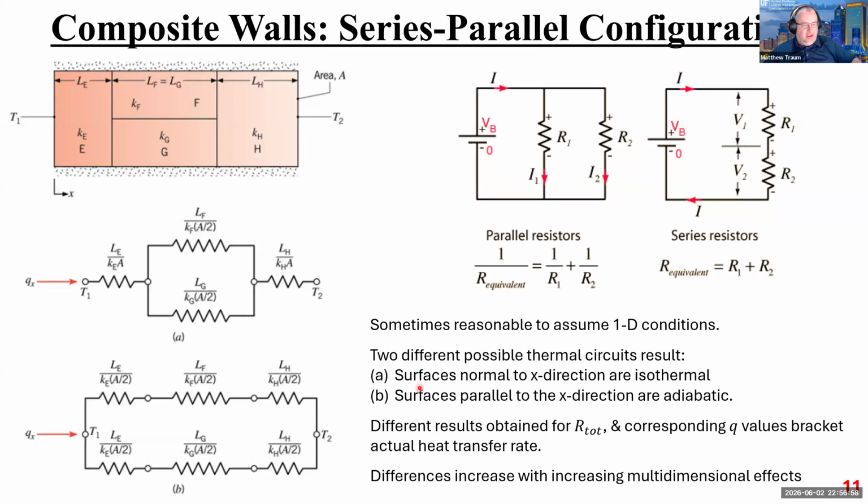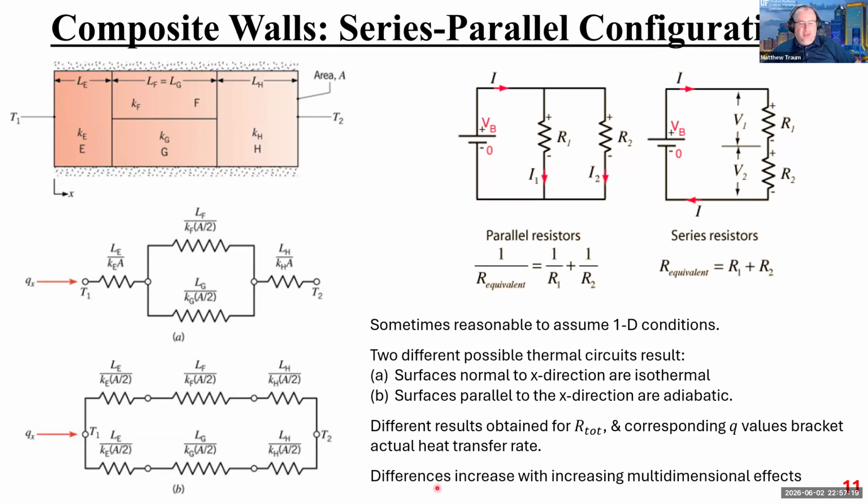So this is a technique that's often used, at least as an initial guess, when you have a series parallel configuration like this. You'll set up this configuration and solve for Q. You'll set up this configuration and solve for Q, and the actual answer is bounded between those. And sometimes they're very close to each other, and so you get an answer that's good enough for engineering purposes.